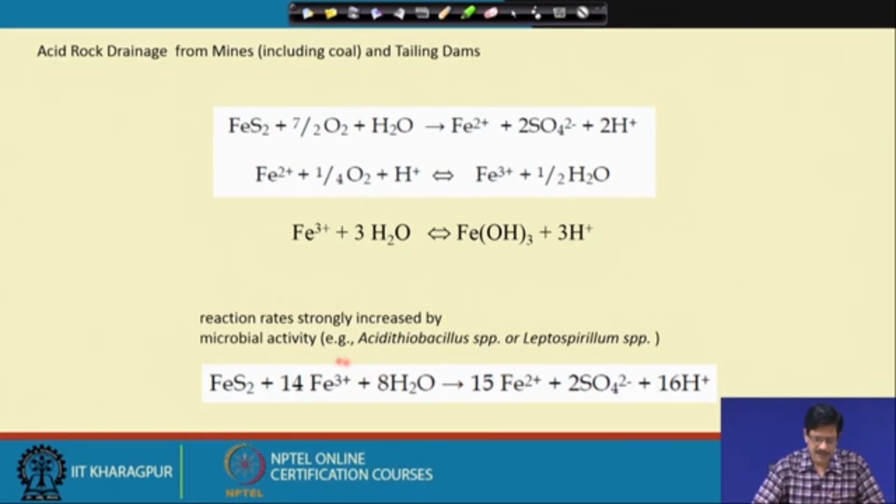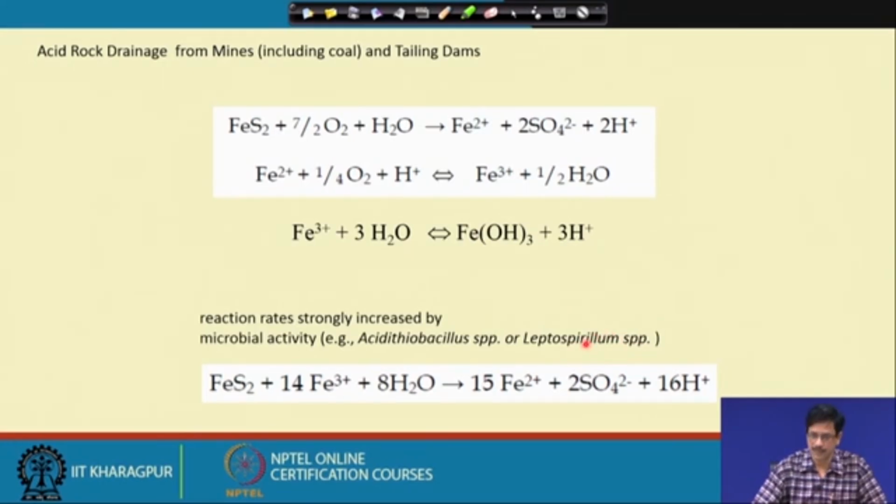If we look at such a process which is accentuated by bacteria, the overall reaction involves iron 3 plus as a very strong oxidant here. This reaction gives rise to iron 2 plus and sulfate plus 16 H plus.